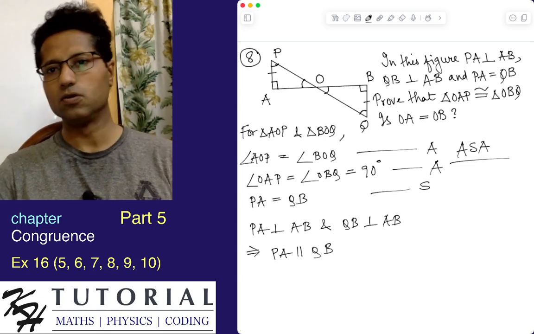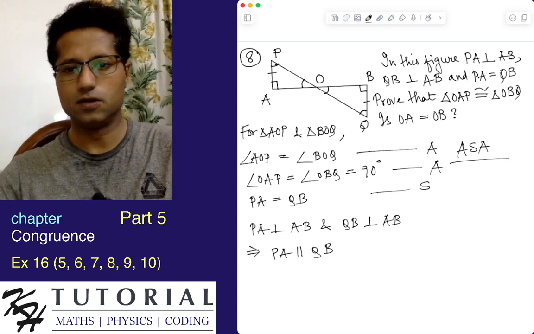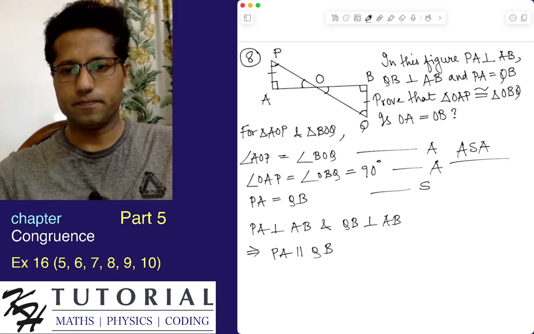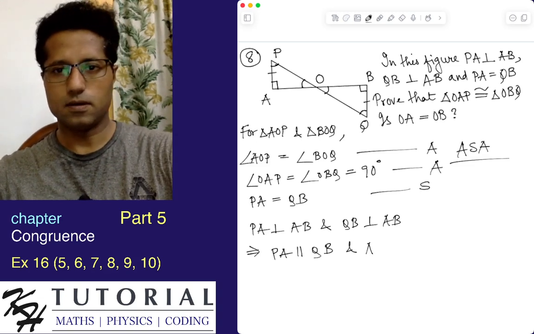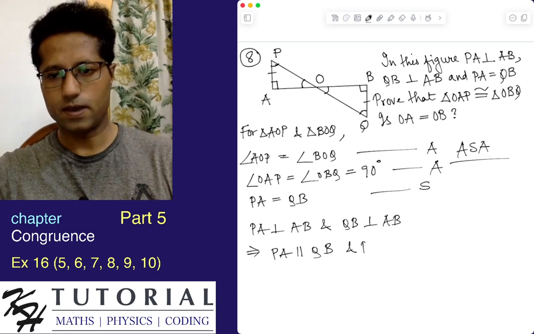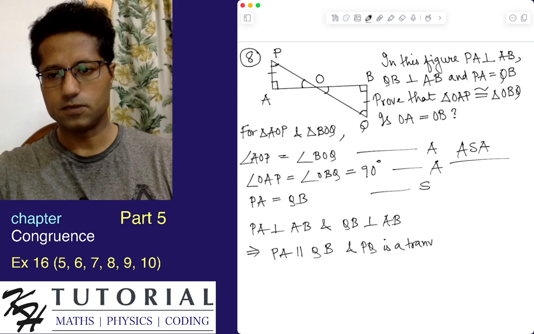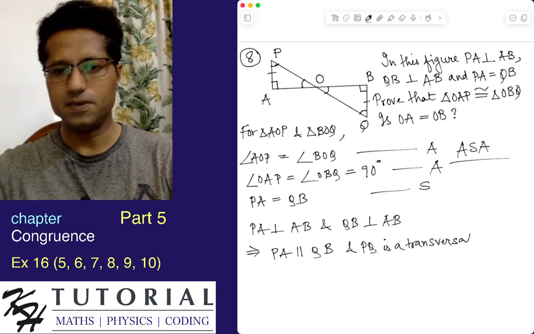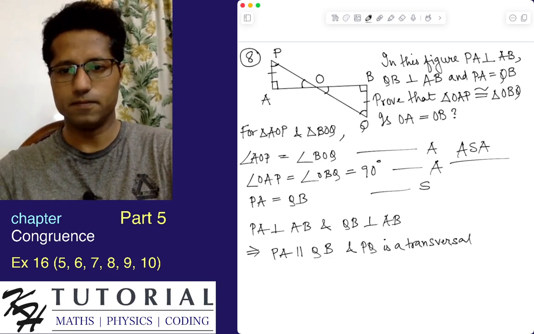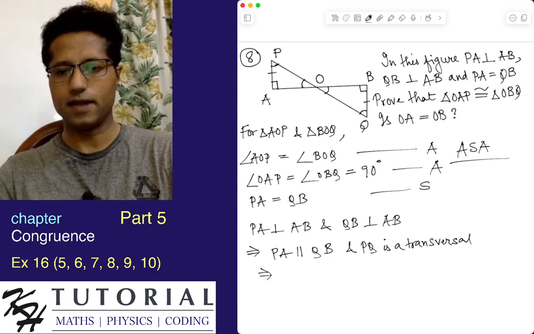If two lines are perpendicular to another line, then those two lines are parallel to each other. We have PA parallel to QB, and we have PQ as a transversal to the parallel lines PA and QB.